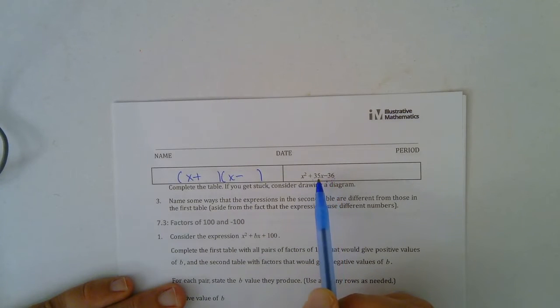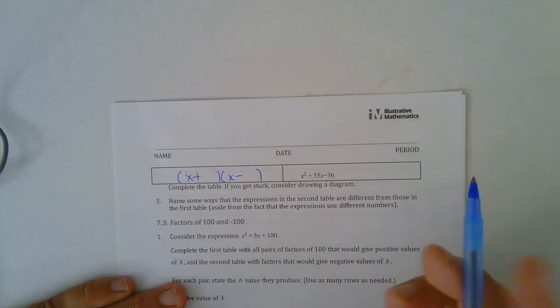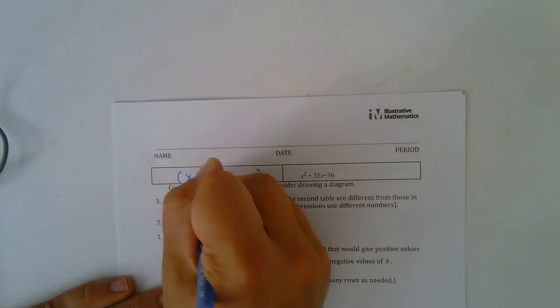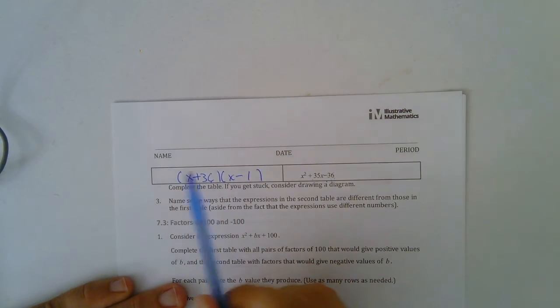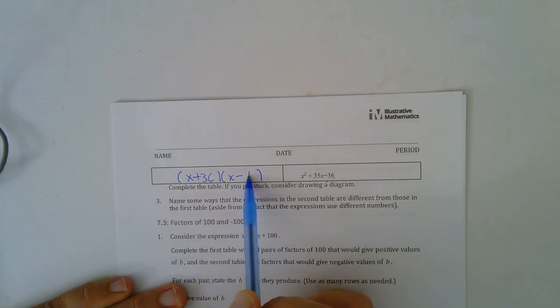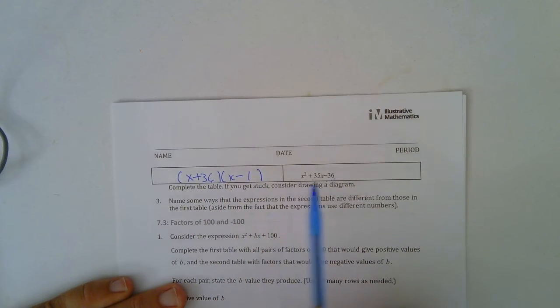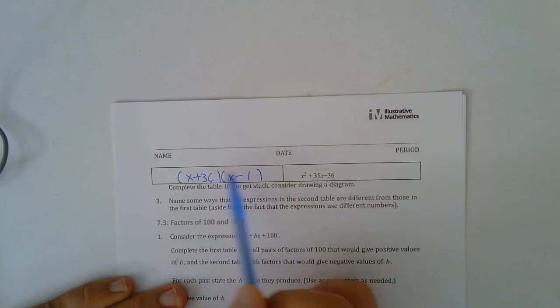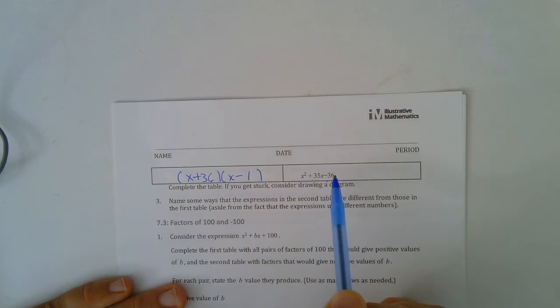And if I'm looking at that to make 35, I would have to have positive 36 and negative 1. The x times x makes my x squared, but we would have negative 1x, but plus 36x would make my positive 35x. Then here, 36 times negative 1 would make negative 36.